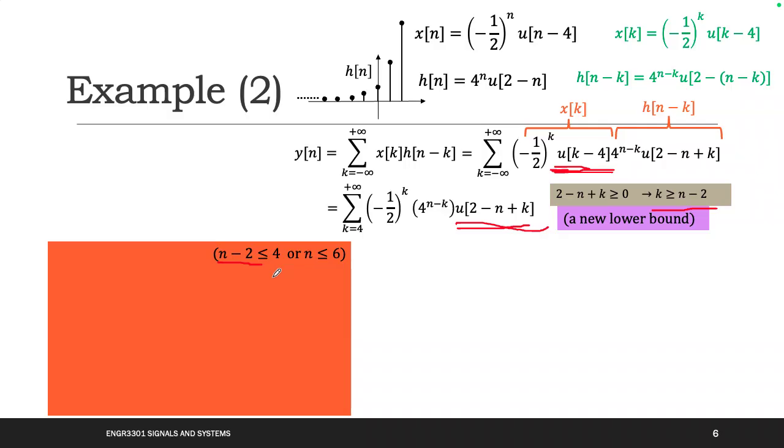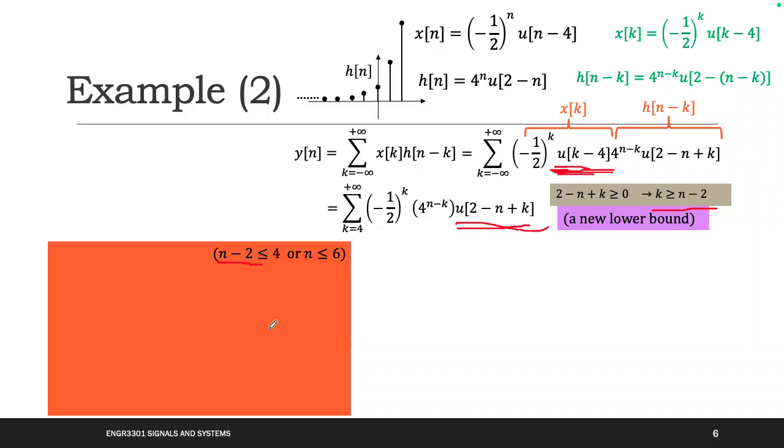You're right, the minimum should be 4, because if your lower boundary is n minus 2, your k may be smaller than 4, so this part should not be removed. That makes sense to you? Any questions so far? Okay.